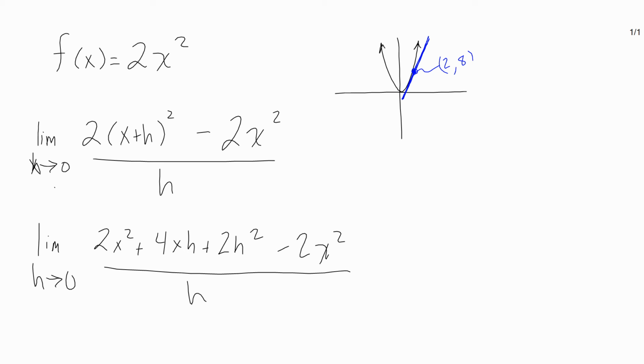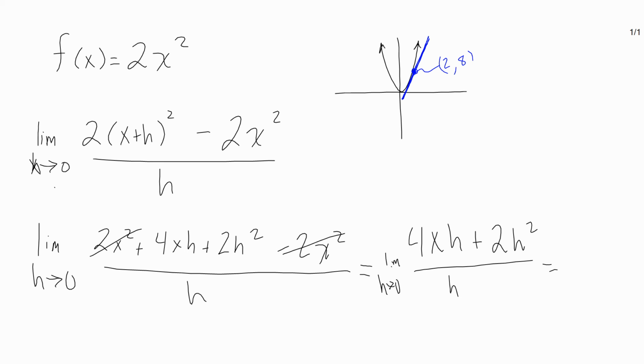All the x squared terms cancel, and you're left with 4xh plus 2h squared over h. Take out the h, and you're left with 4x plus 2h. And what happens when you apply the limit to that? You get 4x.